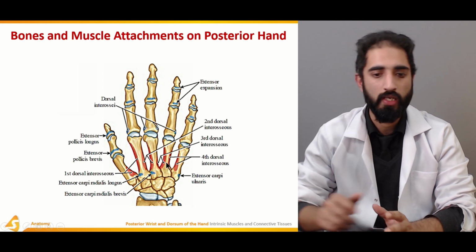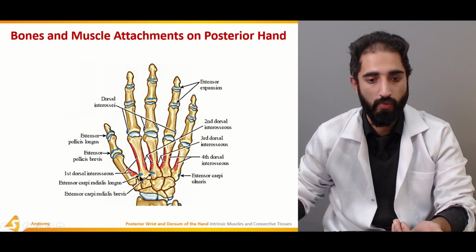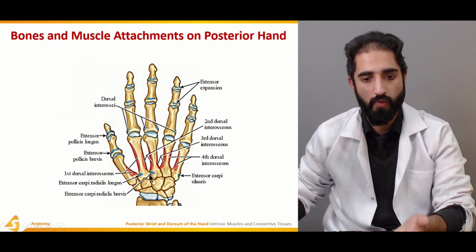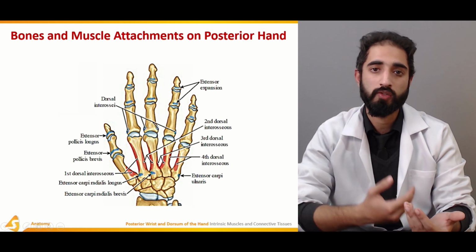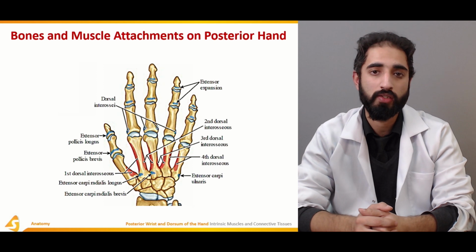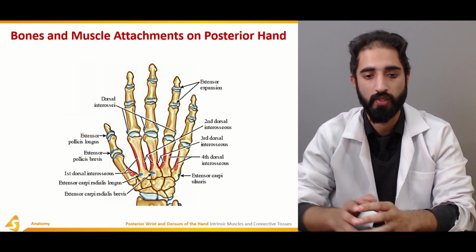Moreover, we can also see some other extrinsic muscles such as the extensor carpi radialis longus, extensor carpi radialis brevis, and extensor carpi ulnaris, which are acting as the extensors and the radial and ulnar deviators of the wrist respectively.